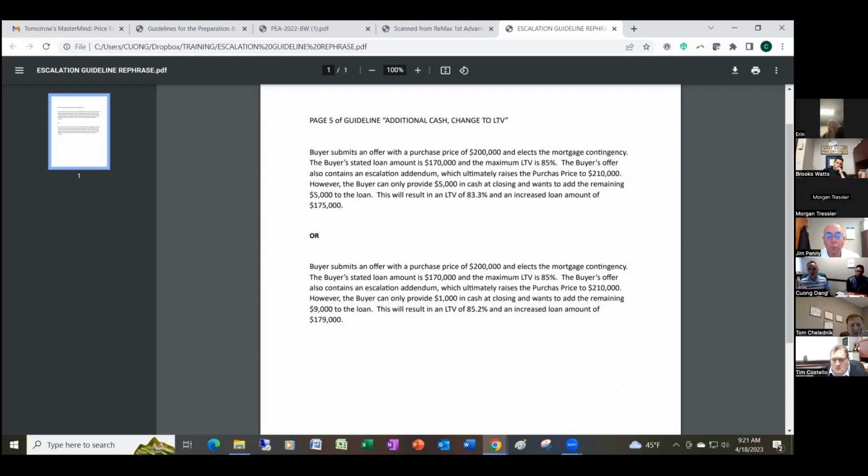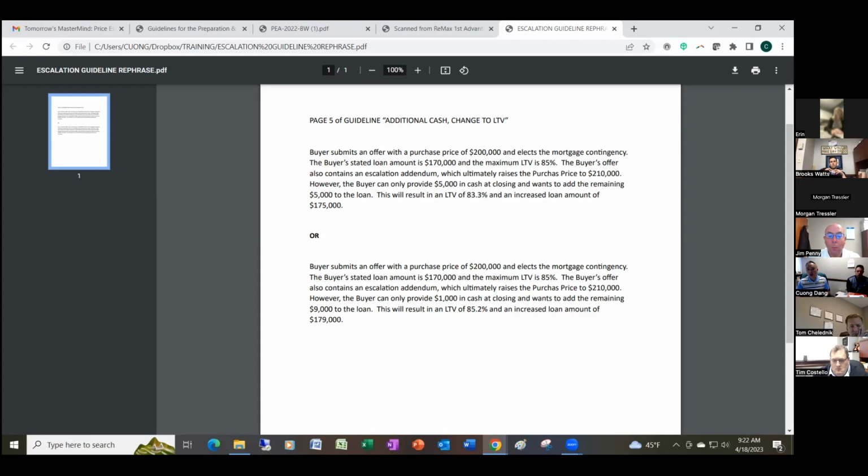Okay, now the second example, buyer submits an offer with a purchase price of $200,000 and elects the mortgage contingency. The buyer's stated loan amount is $170,000 and the maximum loan to value is 85%. So I just copy and paste from the first one. The buyer's offer also contains an escalation addendum, ultimately raising the purchase price to $210,000.